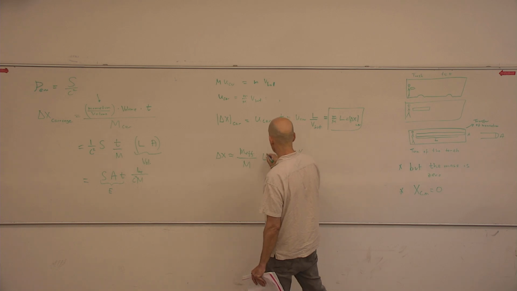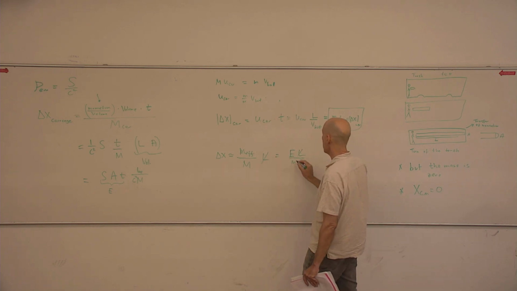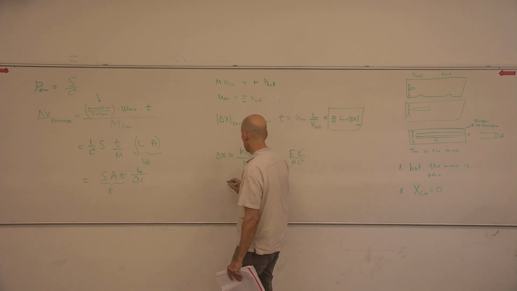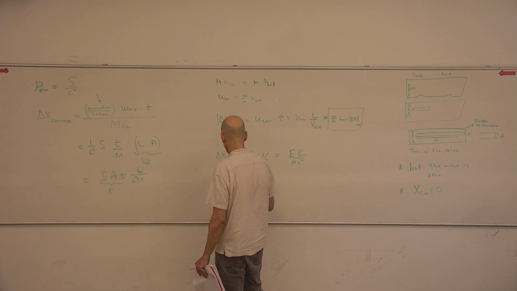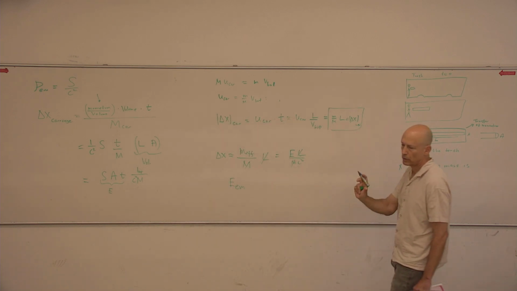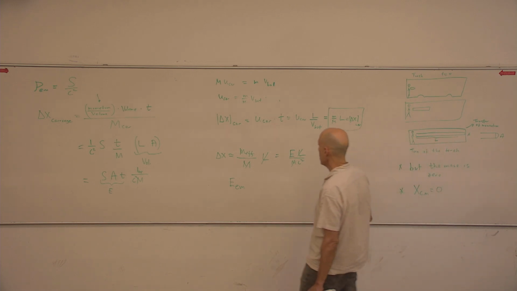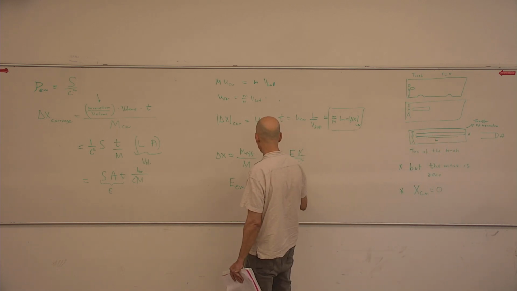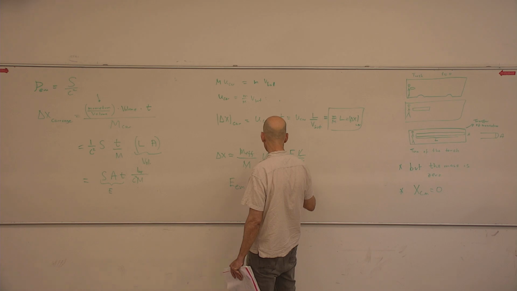So if I cancel this, and then I cancel this, then what is this? Let's emphasize, the energy of the electromagnetic radiation that came out of this thing is equal to some m effective c squared.